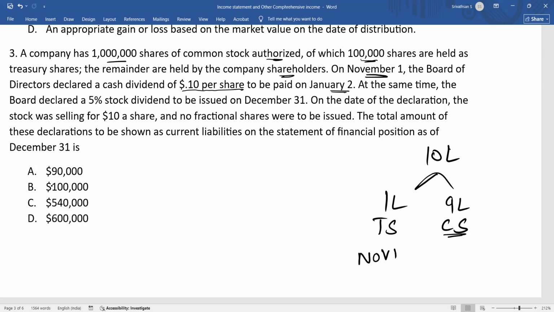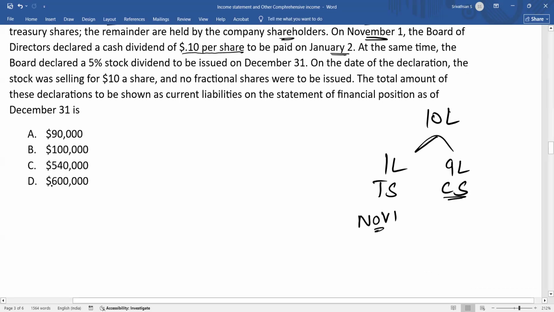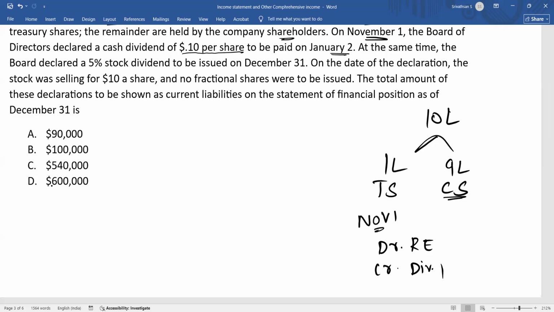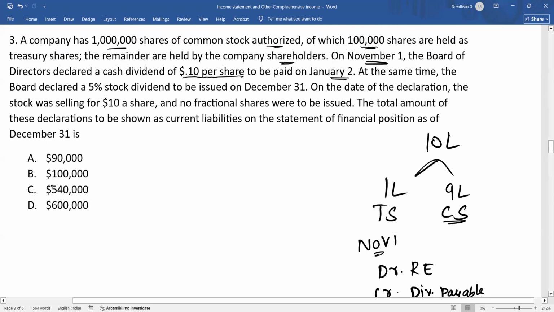So on November 1, what will be the entry in the books of the company? The company will debit retained earnings and credit dividend payable. What is the amount they have to pay? Please remember, treasury stock will not receive any dividend because treasury stock is with the company. The company cannot pay dividend to itself.